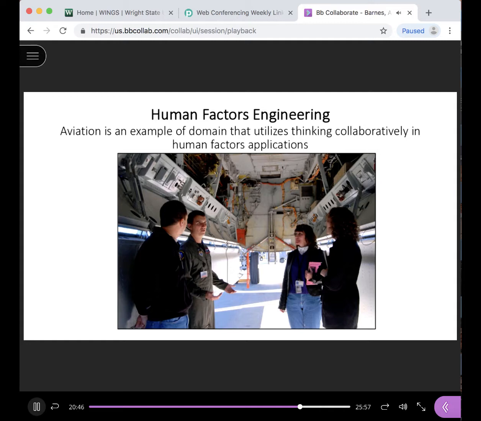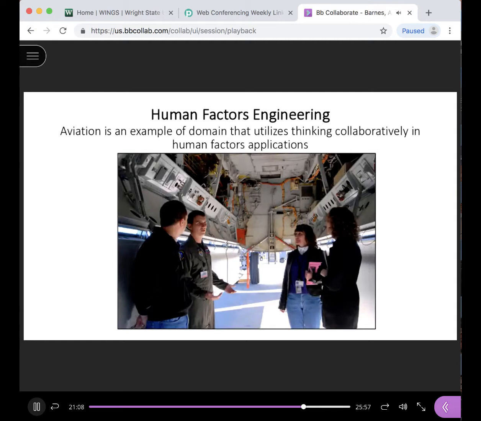One specific example: aviation has really led the way in many areas of human factors engineering. It's an example of a domain that utilizes thinking collaboratively in human factors applications. Of course, when you're talking about an airplane, safety is of the utmost importance.